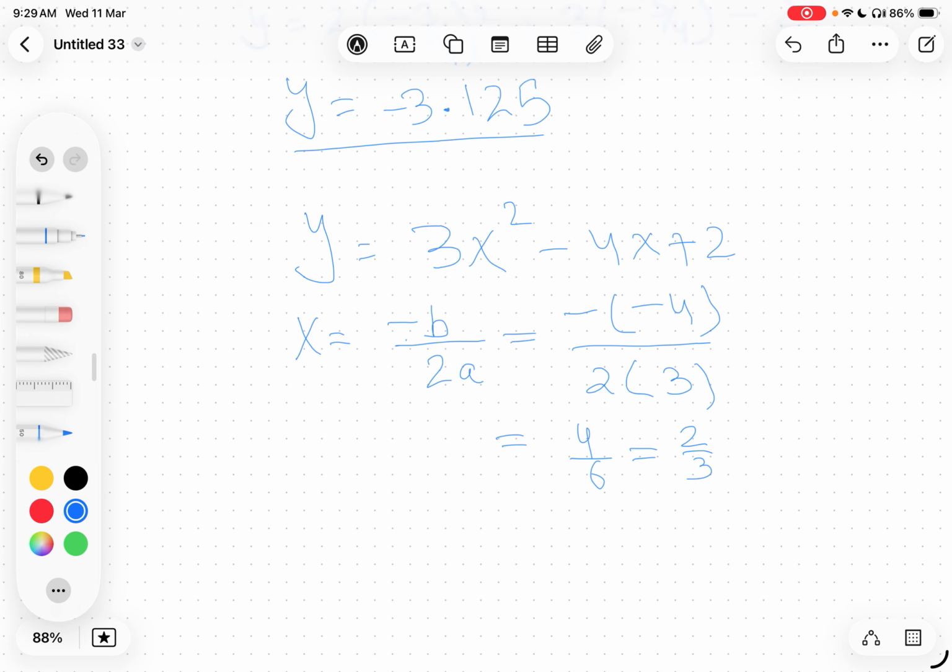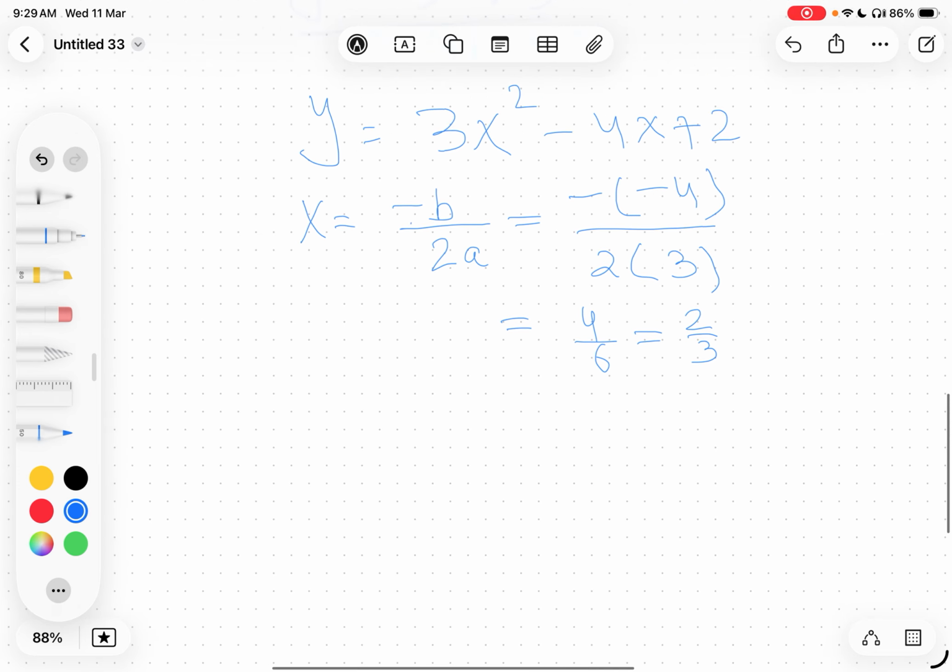Right? Now what we are going to do, we are going to substitute this in the original quadratic equation. We just need to substitute the value of x. We'll get our answer. So I'm using the calculator for this purpose.